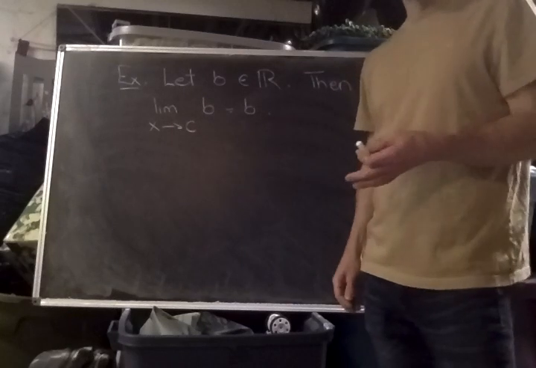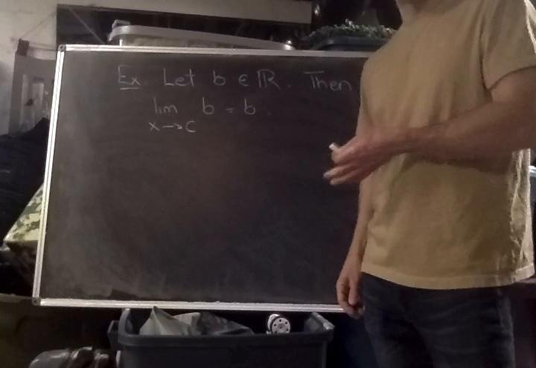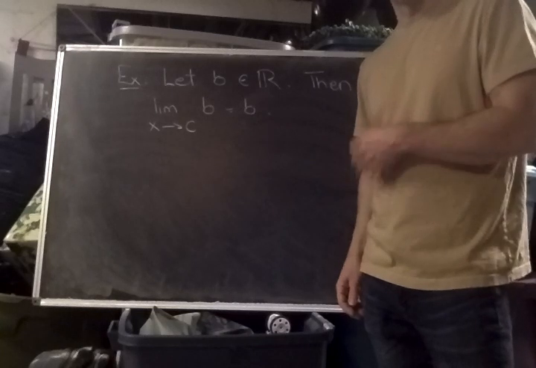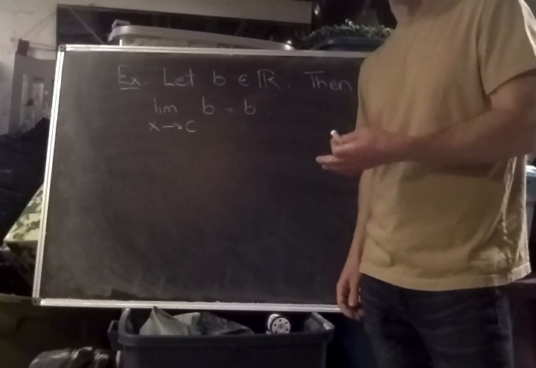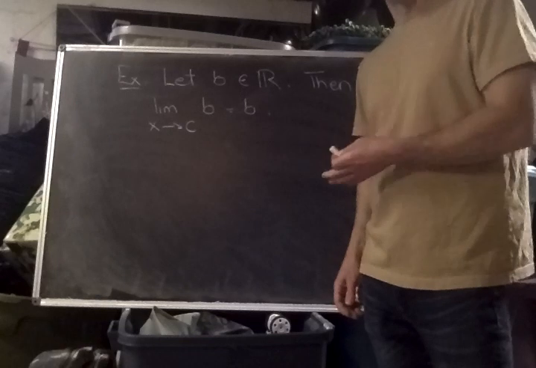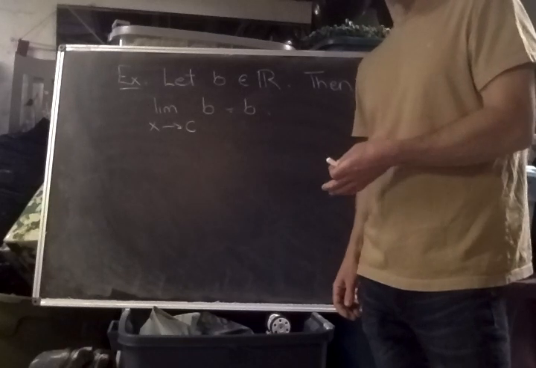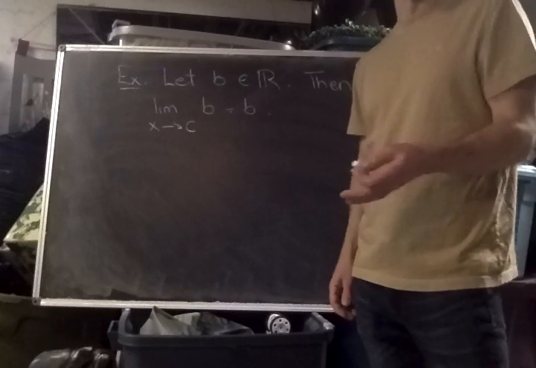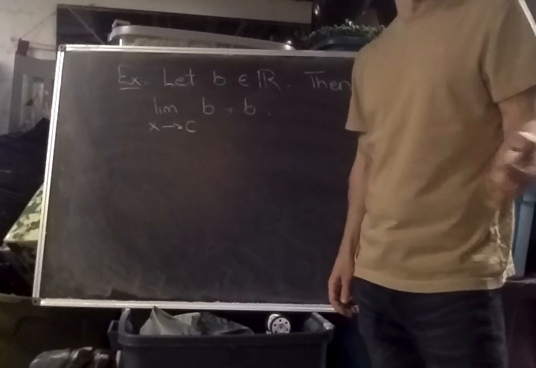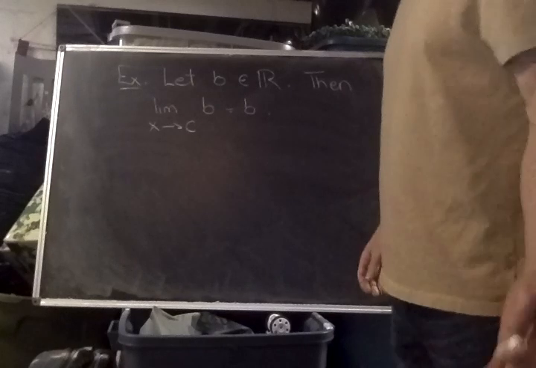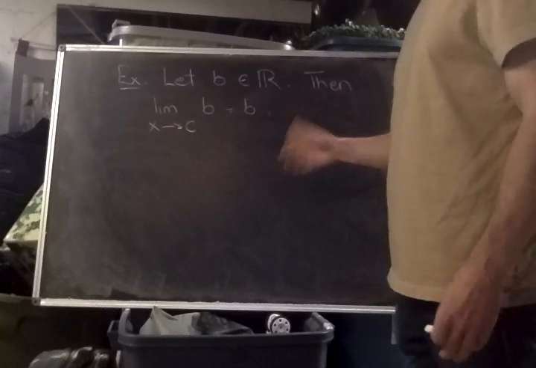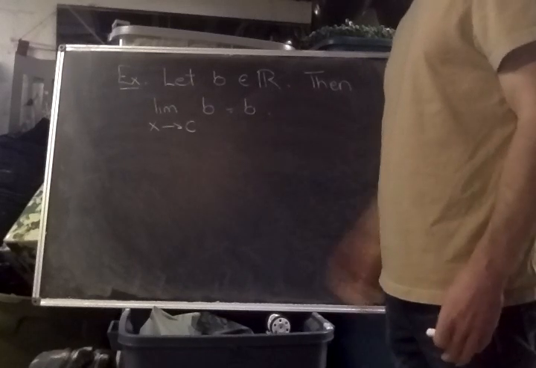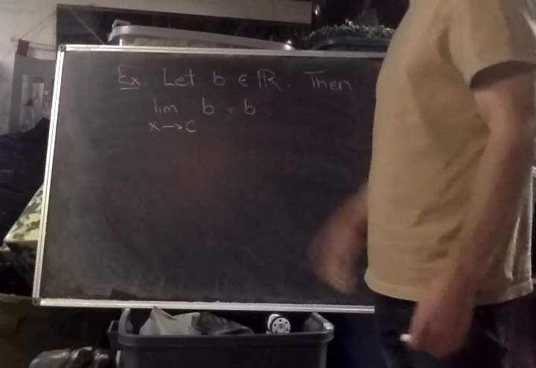However, we do know in general that when you write down the limit as x approaches c of a given function, that c had better be a cluster point of the domain of the function. Now, the domain is all of the real numbers, and the cluster points of the real numbers are all the real numbers. Again, it doesn't matter. So the domain is all the reals, and every single real number is a cluster point. So this all makes sense.